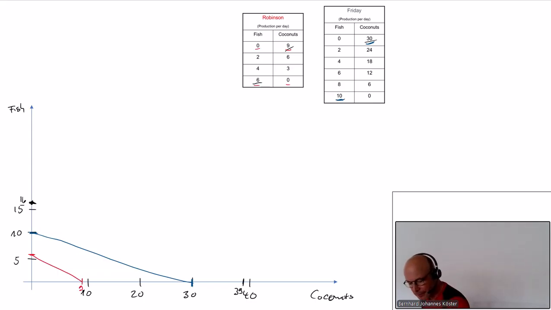So for one coconut, Friday loses how much fish?